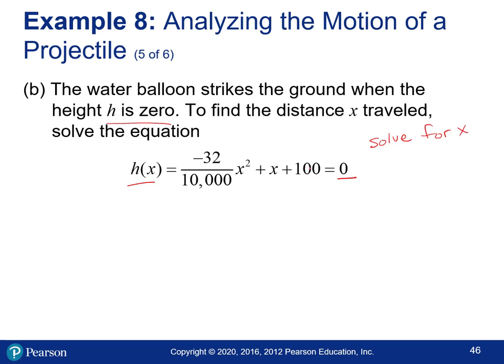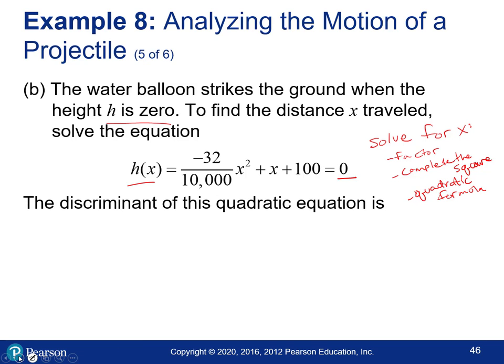You can try to factor, you can complete the square, or you can use the quadratic formula, which is honestly the easiest one, especially in this example. So these are your three options, and we are going to use the quadratic formula to solve for x.